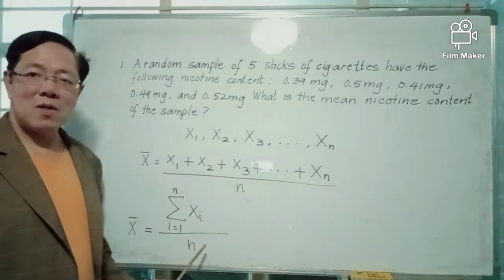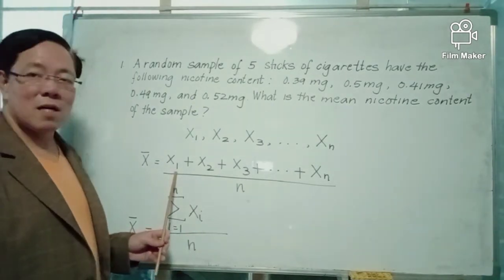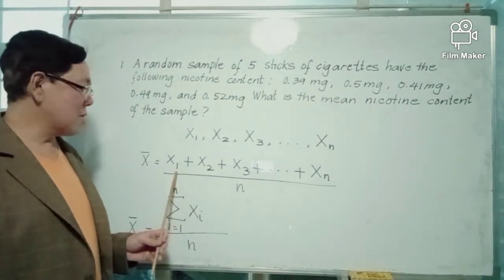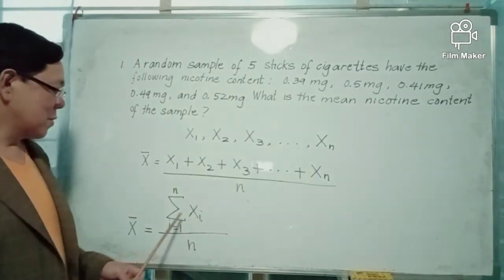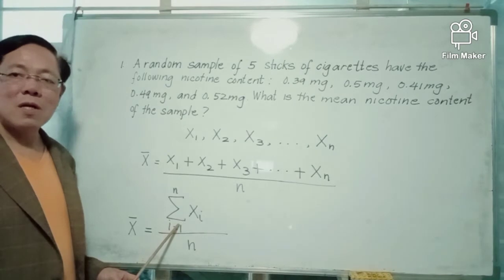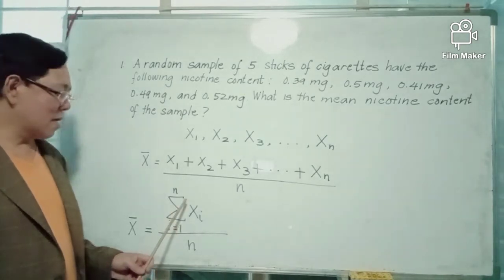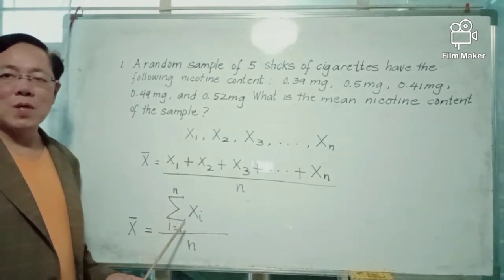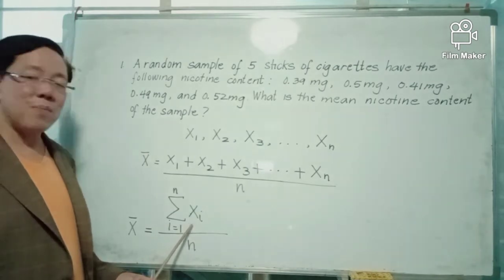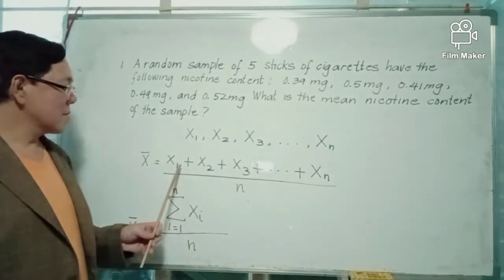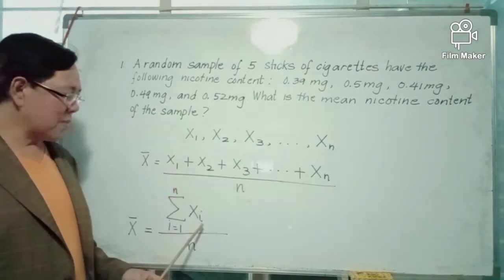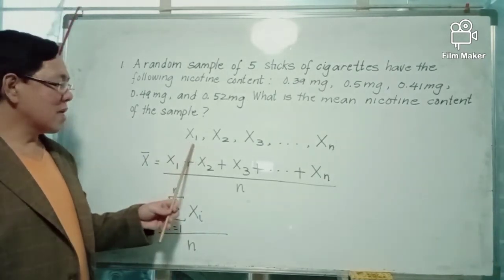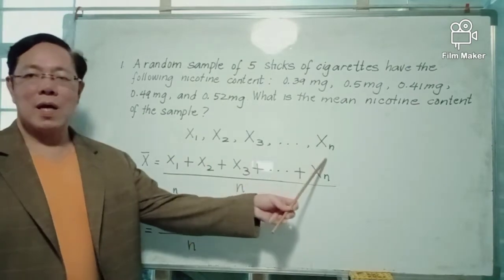Using compact notation, we indicate the sum or summation of the values from x of 1 up to x of n using this notation, which we read as sigma, to indicate summation of the values x of i, where the subscript i varies from 1 to n.